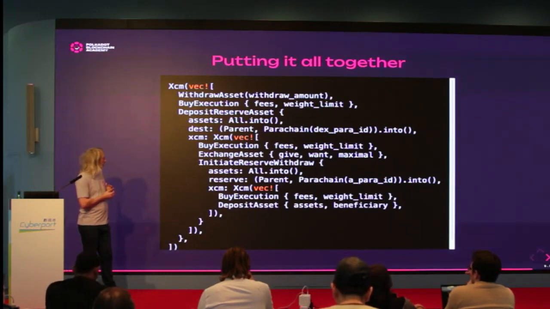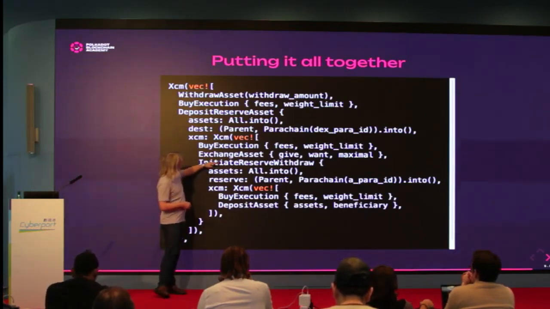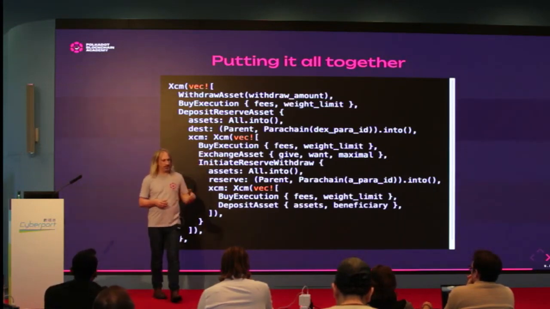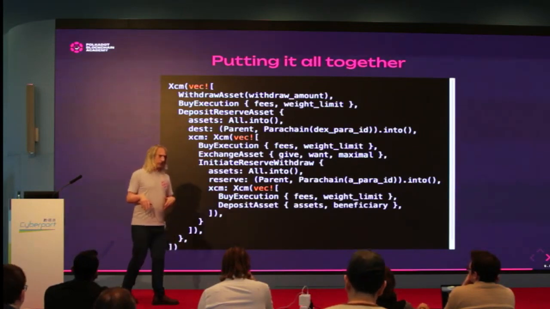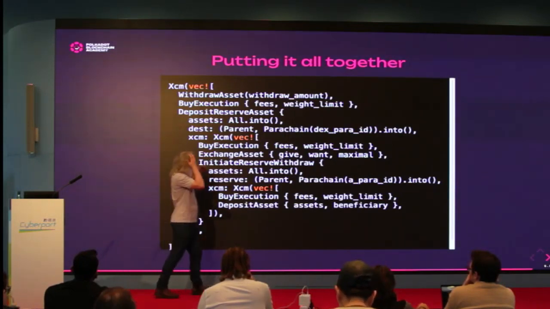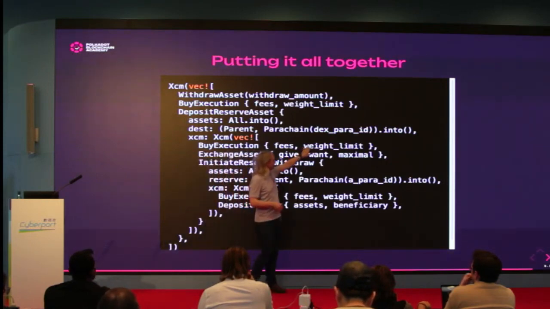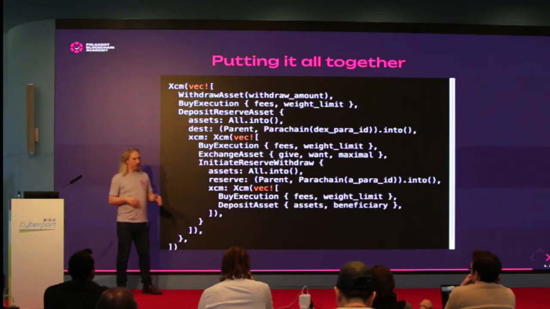And the only issue then is initiate reserve withdrawal, because it sends a new message, it has its own fee structure. We can't associate a specific amount of weight with it and use the regular weight-based fees because it can have fairly arbitrary weight.